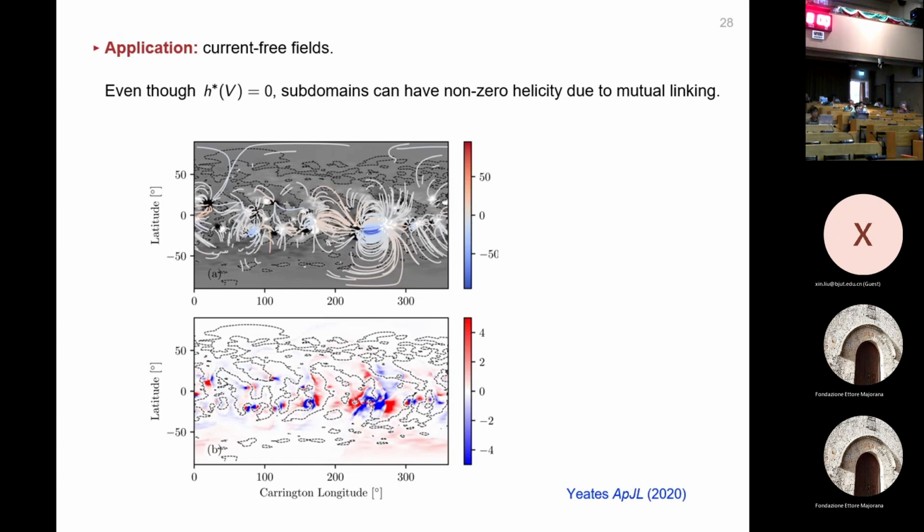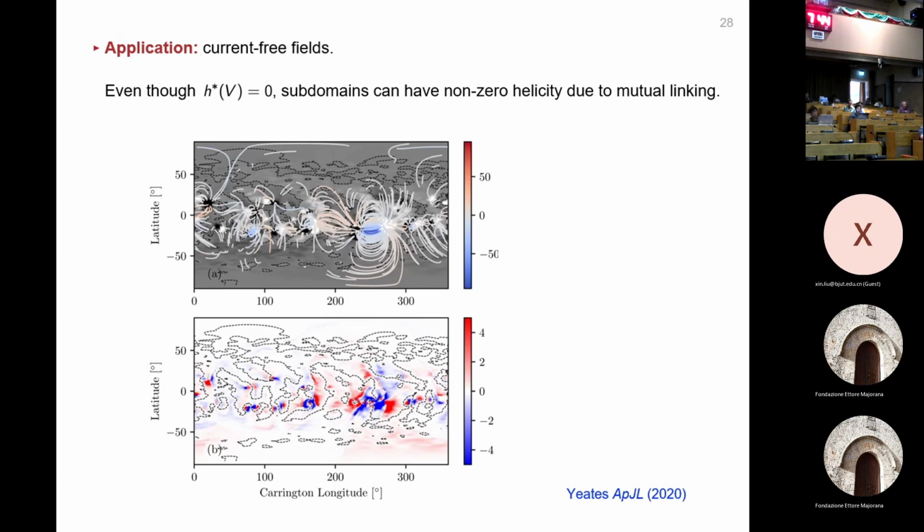Now, I just told you that in the spherical case, potential fields have zero helicity in our definition. But if you look at the field line helicity, then that's not zero, because we had to integrate over the whole sphere to make the helicity vanish.